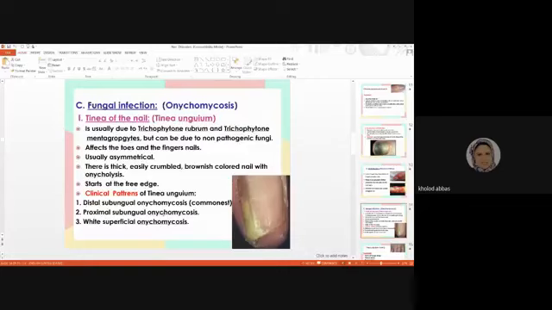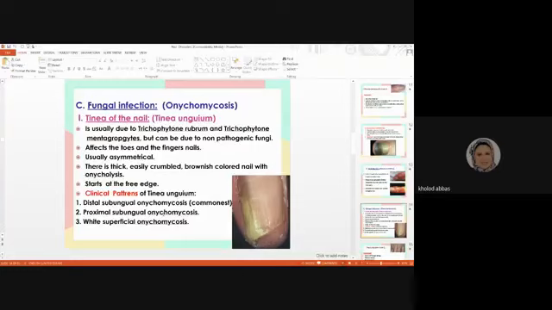Fungal infection: we have tinea of the nail. Fungal infection we call onychomycosis. Onycho means nail. Tinea unguium is usually due to Trichophyton rubrum or Trichophyton mentagrophytes, but can be due to other non-pathogenic fungi, affecting toenails and fingernails.